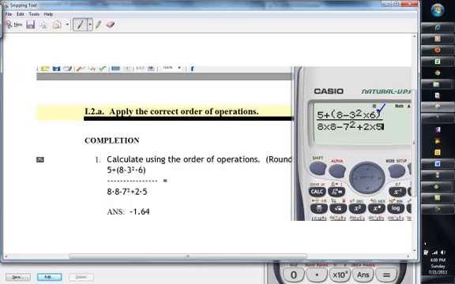Parentheses it's doing first. So this is the first thing it does. And inside that, it does the exponents first, and then it does the multiplications, and then it does the additions and subtractions. Okay? And then up on top, it will do this as the last thing on the top.